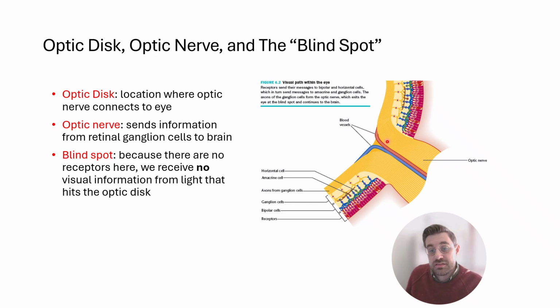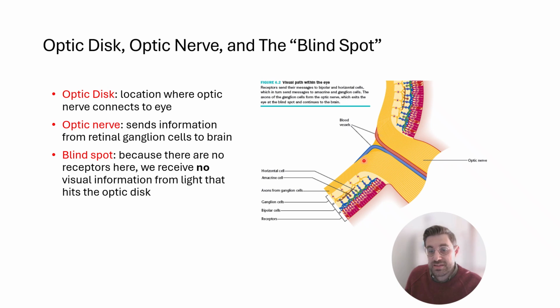There's a place in the back of your eye where this optic nerve needs to connect, right? So the optic nerve needs to come in from the back and needs to have its retinal ganglion cells projected onto the retina here. There's this whole spot here called the optic disc. This is where the optic nerve connects to the eye.